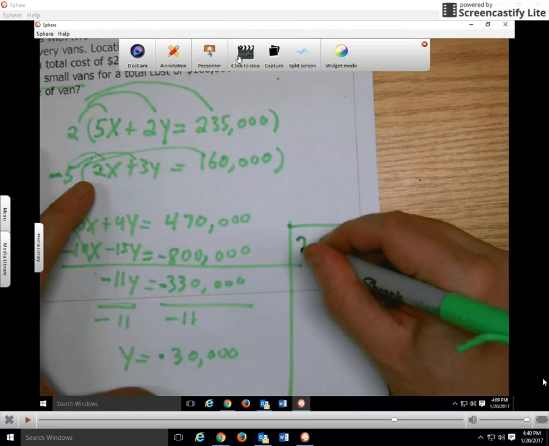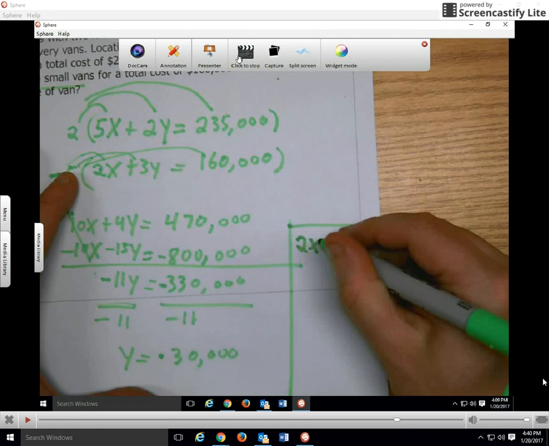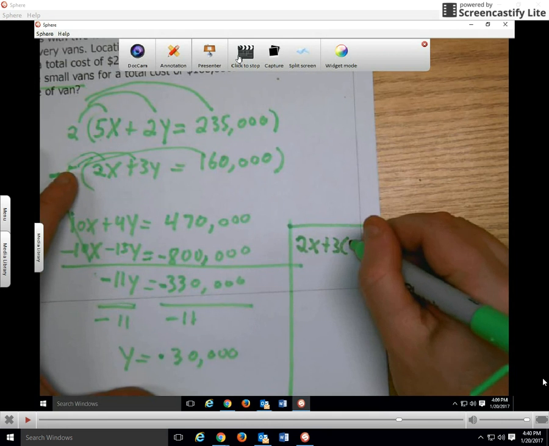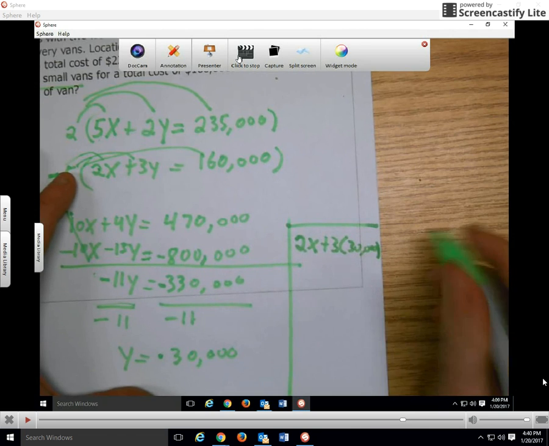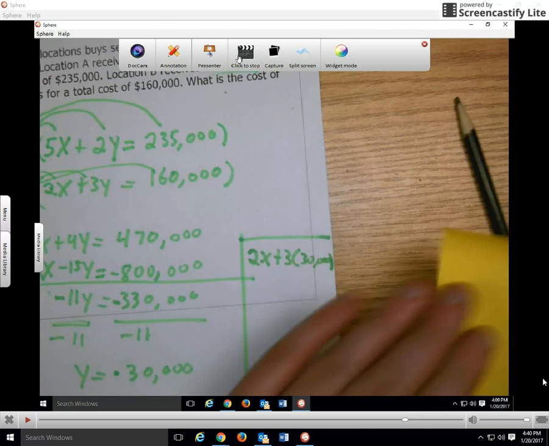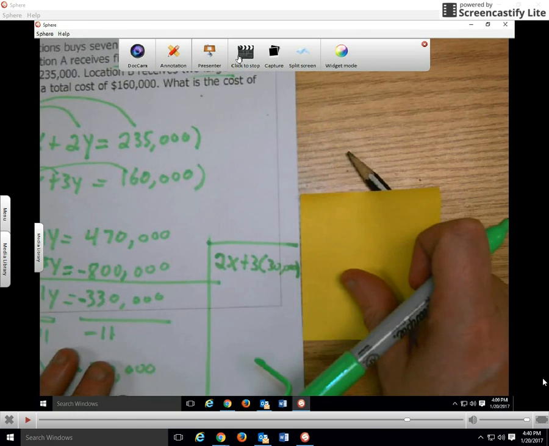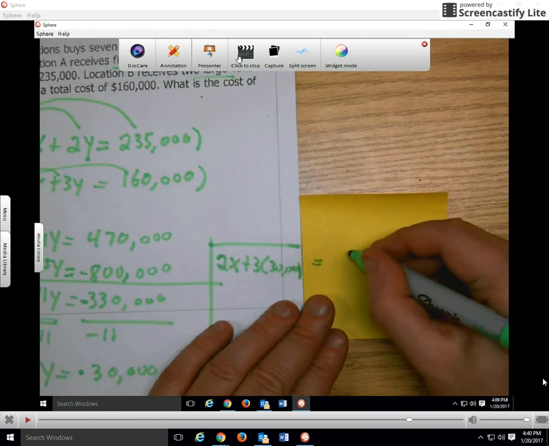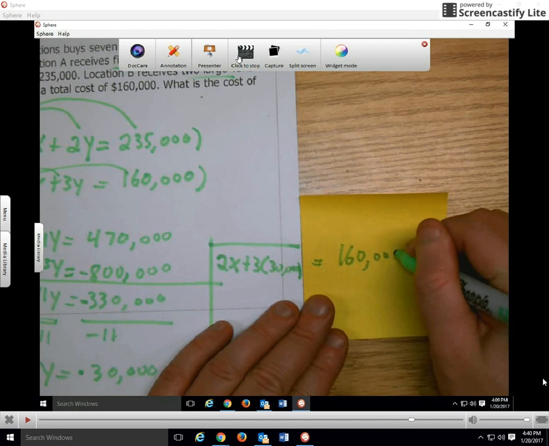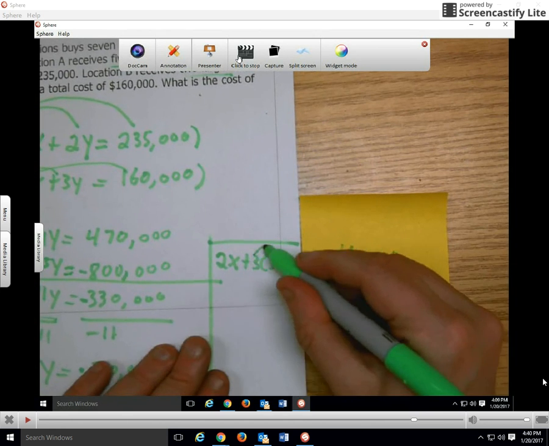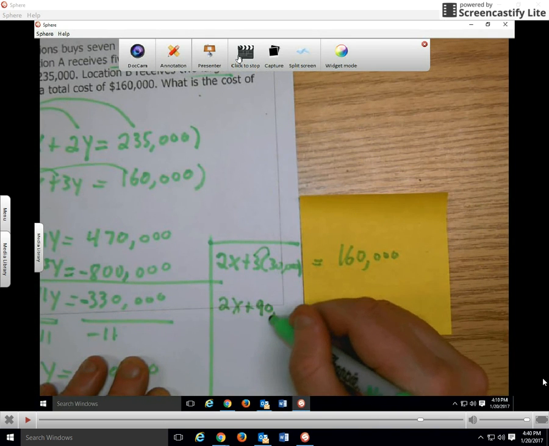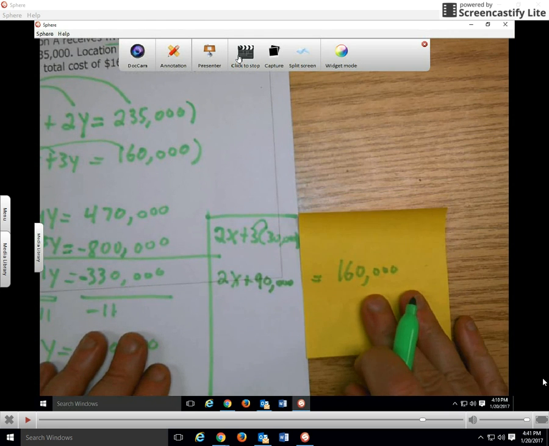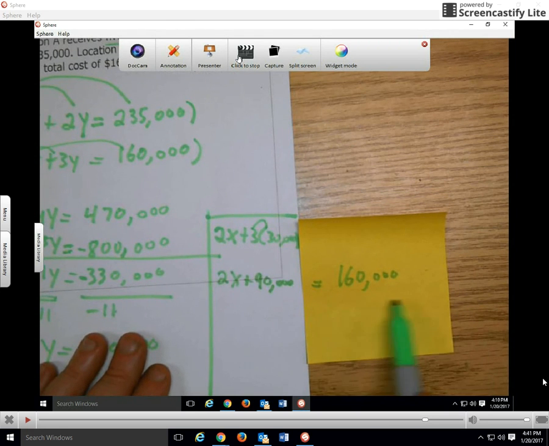But 2x plus 3y, save some room, plus 3 times 30,000 equals 160,000. I'll just do it like this. This will work. Okay, all we do is distribute here. 2x plus 3 times 3 is 9, so 90,000 still equals the same, 160,000.